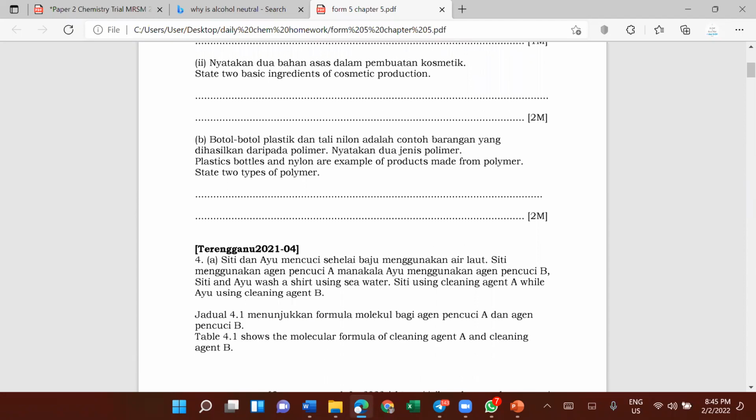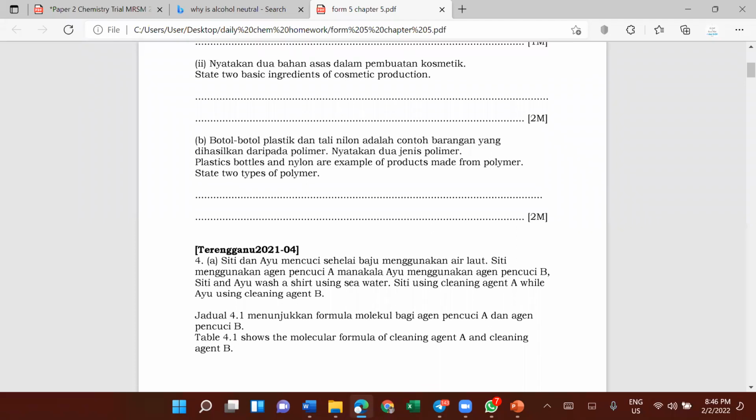So proud. Okay, plastic bottles and nylon are examples of products made from polymers. Now tell teacher two types of polymer that you know. Thermoplastic, thermosetting. Wrong. Natural and synthetic. Okay, yes, natural and synthetic.